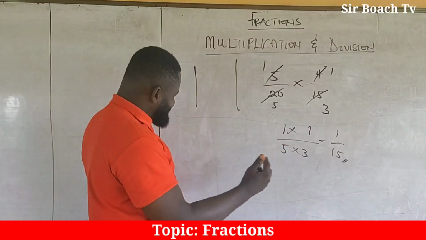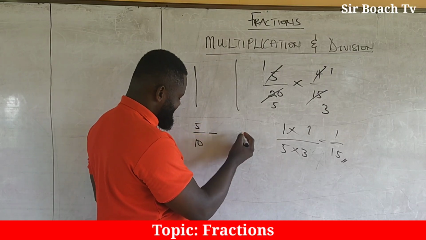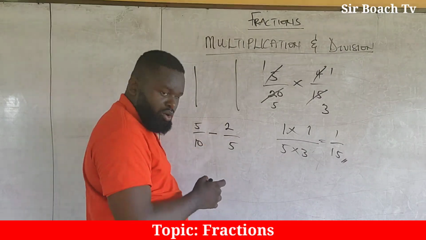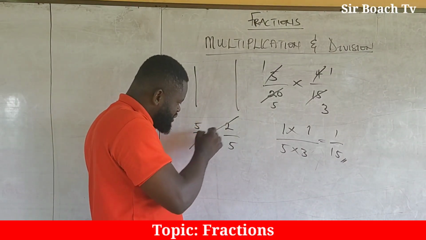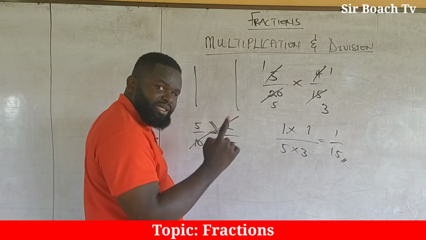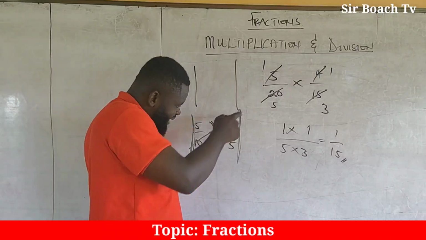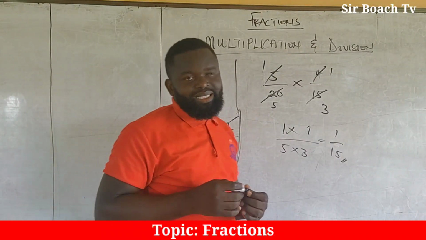Finished. Let's say we have 5 over 10 minus 2 over, let's say 5. We can't cancel this with this. It's wrong. We can't do that. The only thing we can do is cancel this and cancel this. Finish. We can't cancel like this. Is it clear? Good.